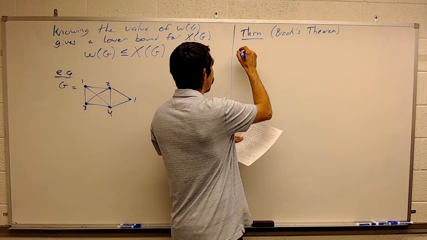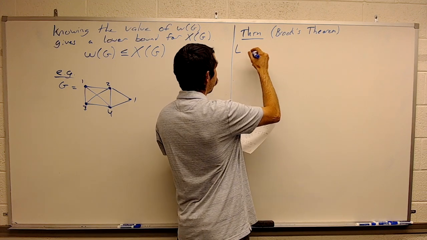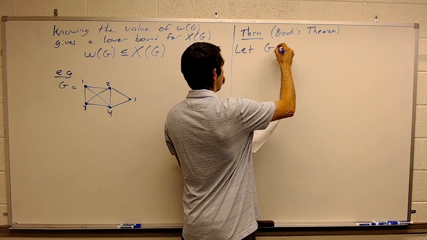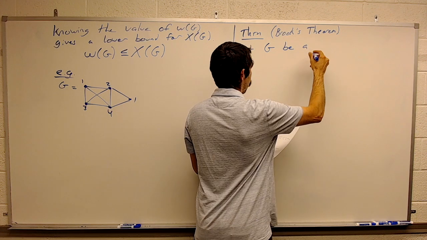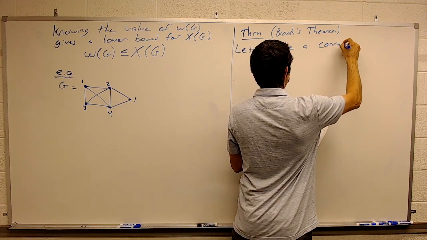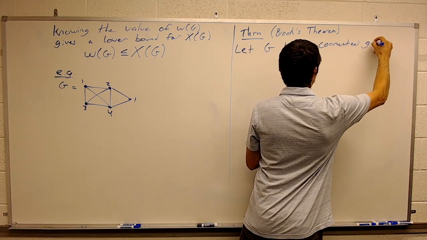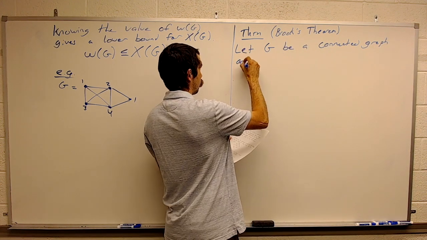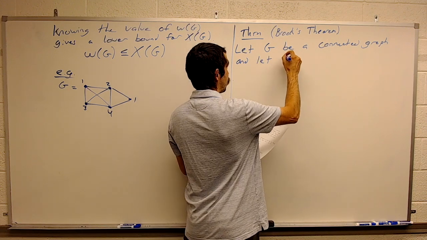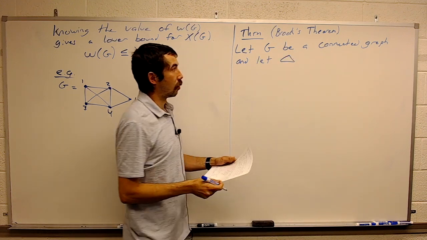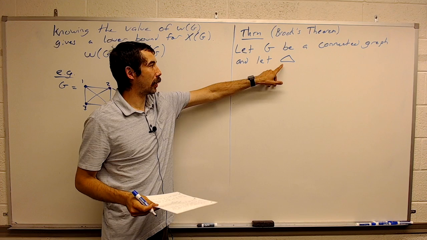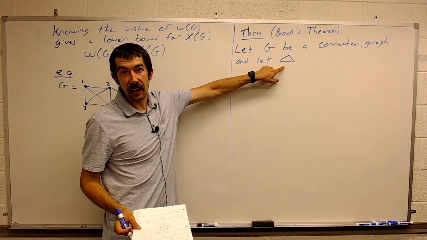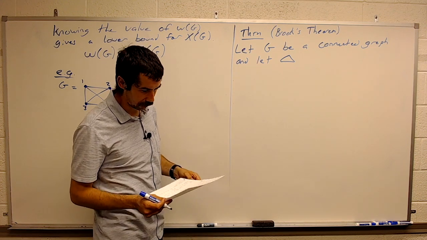It says, let G be a connected graph and let, okay, triangle here, this triangle boy, that's delta. All right, that's the Greek letter delta.